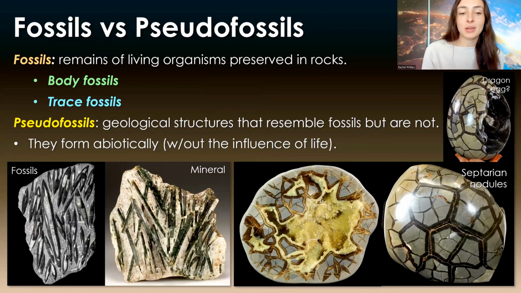For example, some are shown here on the slide. We have some belemnite fossils shown on the bottom left. These are just types of cephalopods from ancient Earth that can sometimes look like certain minerals. Like this is, I believe, tourmaline in a pegmatitic rock, and it's showing a similar pattern to the belemnites preserved in this rock over here. But there are ways that we can tell them apart.